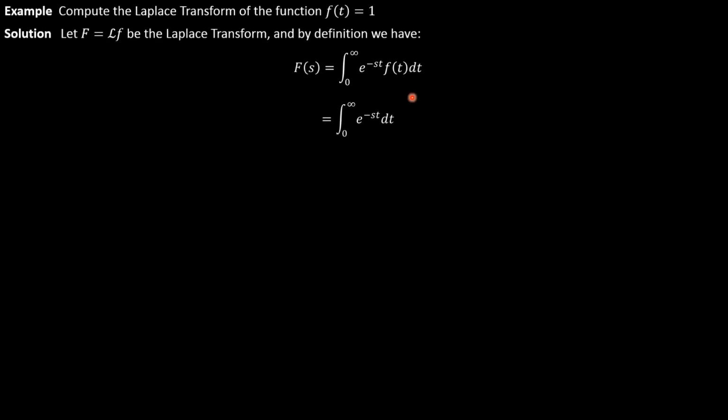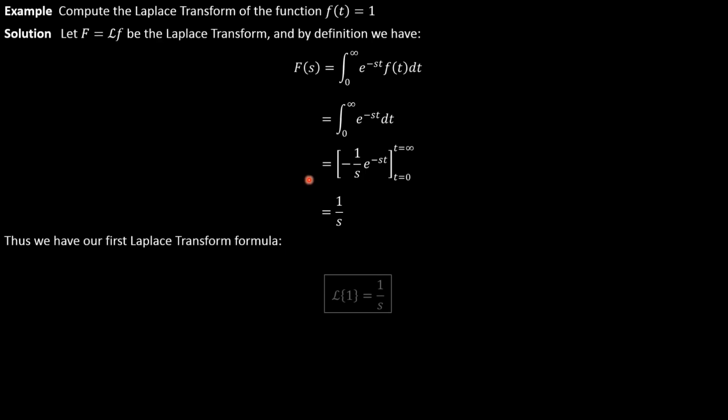And if we use the fact that our function is simply 1, substitute 1 in here, and the Laplace transform becomes simply this integral, which, and I leave you to check this on your own, if you do a u substitution, you get this, and evaluating from 0 to infinity, you end up with positive 1 over s. So, we conclude that the Laplace transform of 1 is 1 over s. That's our first Laplace transform formula, so congratulations.